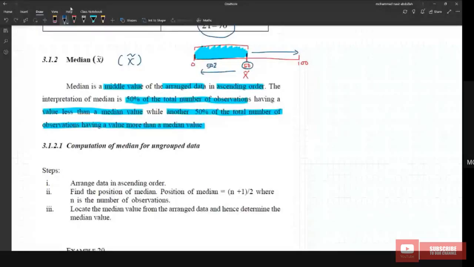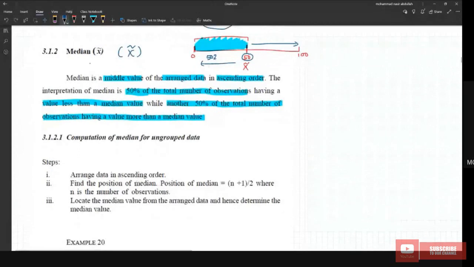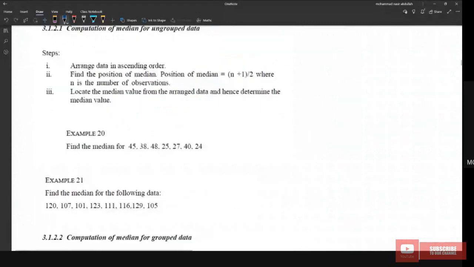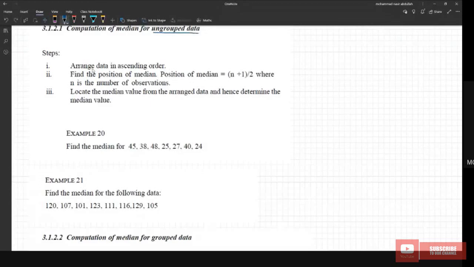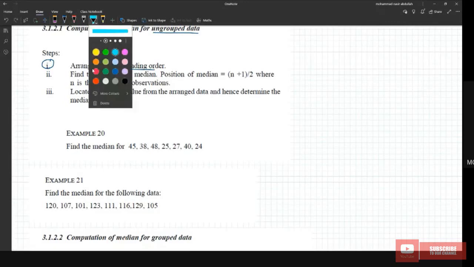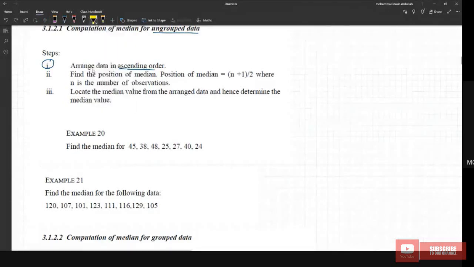So this is how we calculate and interpret the median. Same as the mean, we will learn how to calculate the median for ungrouped data and grouped data. Let's focus on ungrouped data first. For ungrouped data, first we need to arrange the data in ascending order, and then find the position of the median.